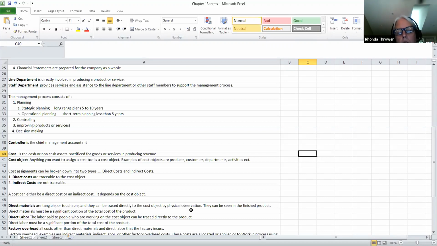So in this chapter, we're going to be talking about producing guitars for a manufacturing company. Their product is going to be guitars, and we are going to be producing wooden guitars. So the wood that we could trace to the product, the guitar, is a type of direct materials, because they can be seen in the finished product, which is the guitar.